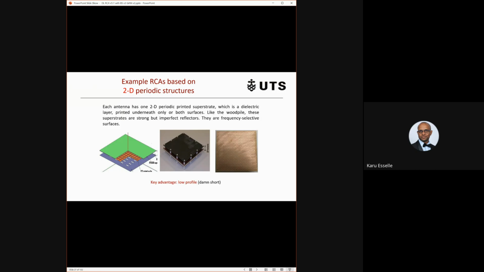The main advantage of this type of antenna is they are very, very short, because the height of the antenna is almost the height of the cavity, which could be lambda naught by 2, half a free space wavelength normally.